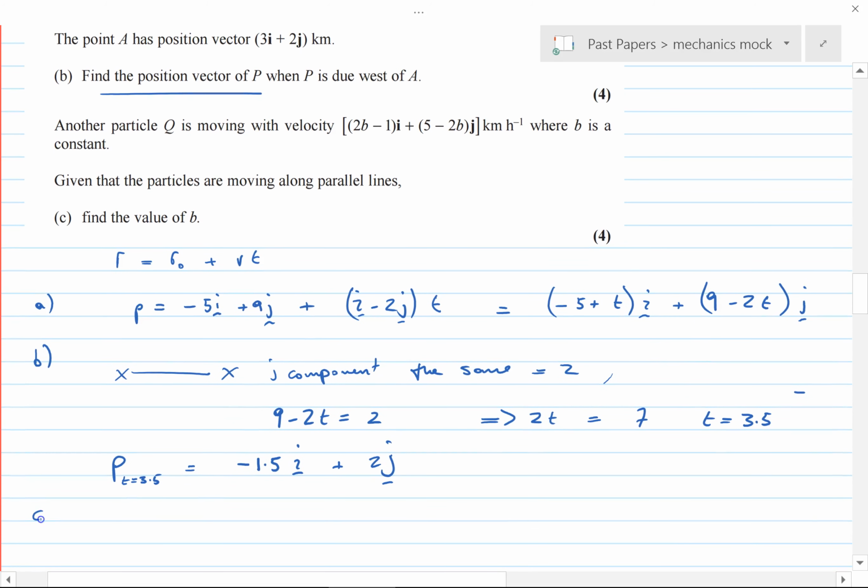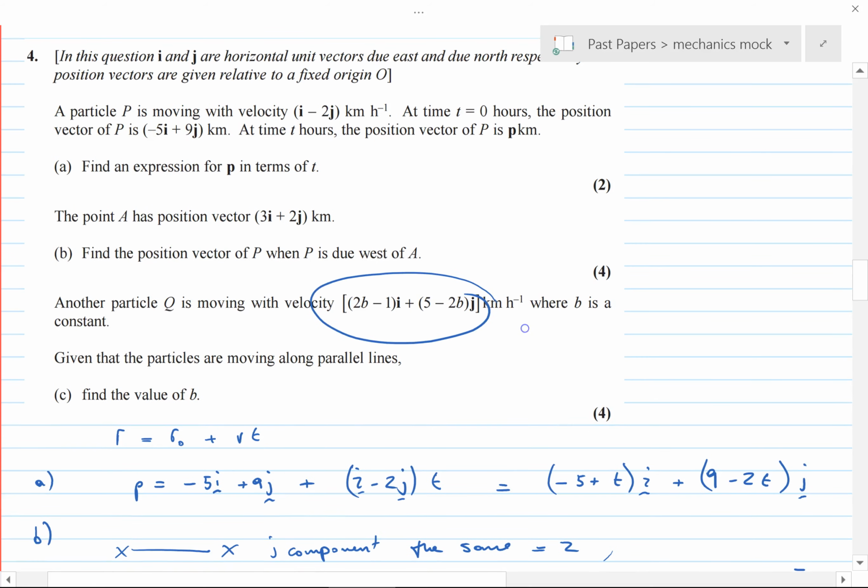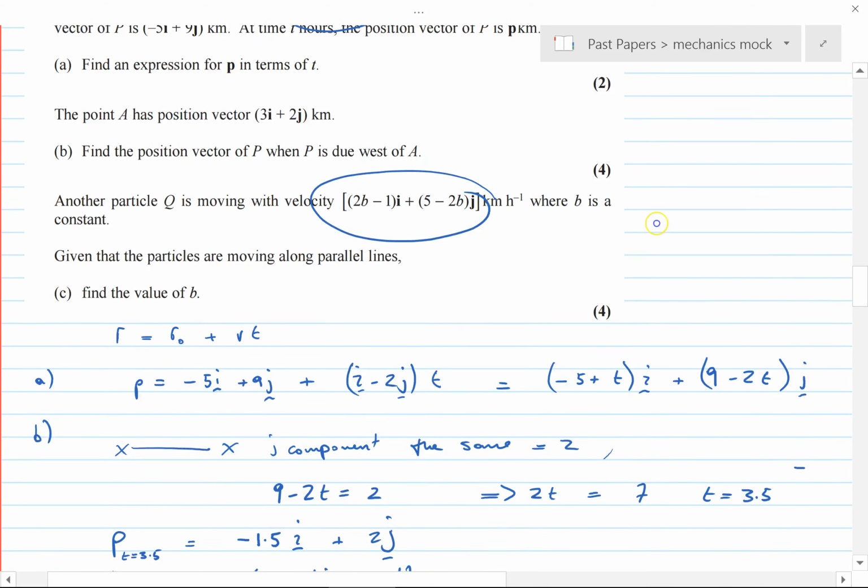Part C, now it's talking about something that's parallel. So (2b minus 1)i plus (5 minus 2b)j is parallel, not equal to, but parallel to our velocity here, which is i minus 2j.